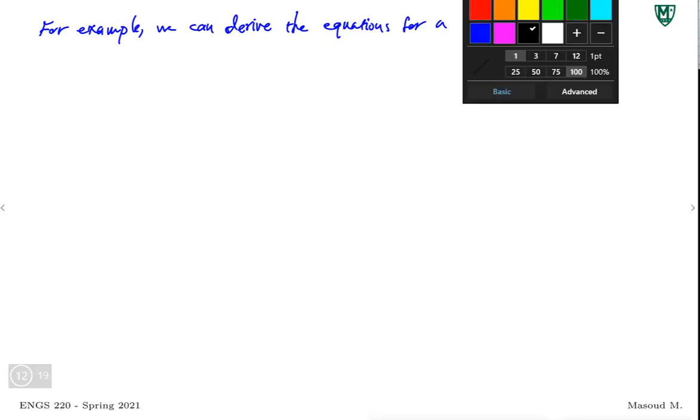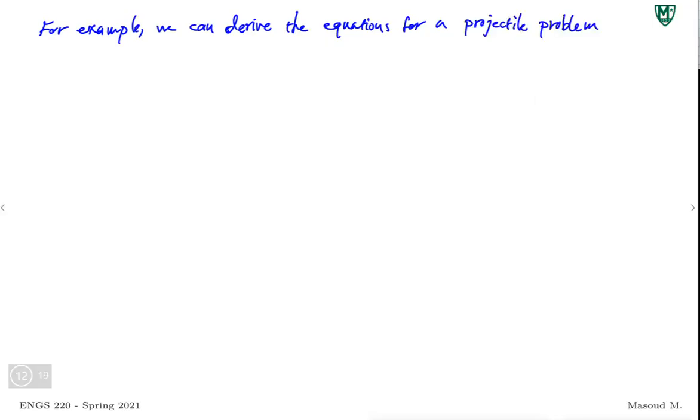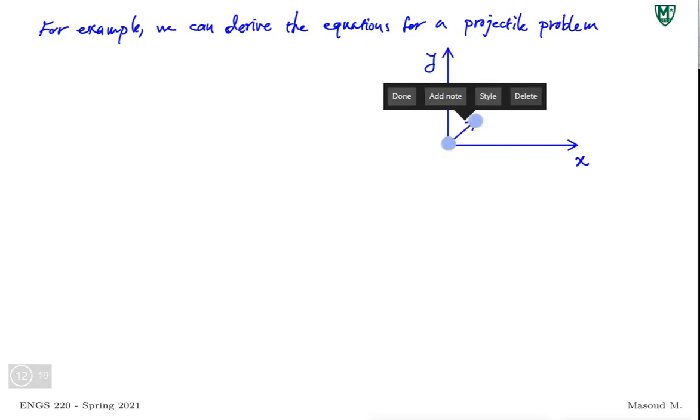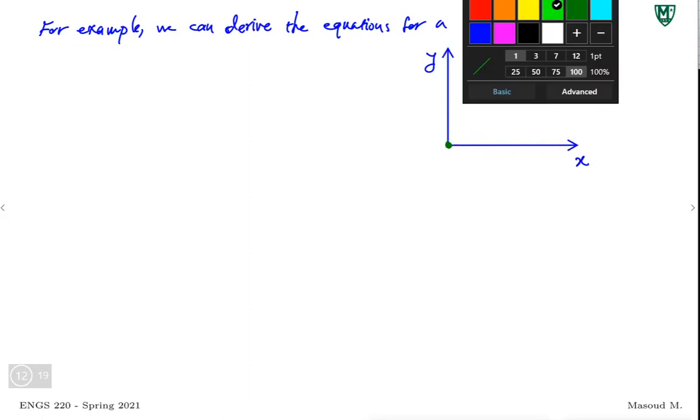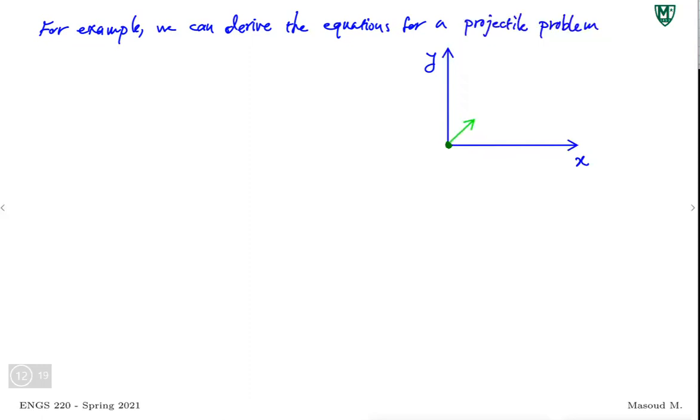What I'm trying to say is that, let's say we have a coordinate system XY. Some projectile, let's say, we're assuming that it is exactly at the origin, right? And we know its initial velocity. So it's exactly here. And we throw it, or it's given some initial velocity, V naught.